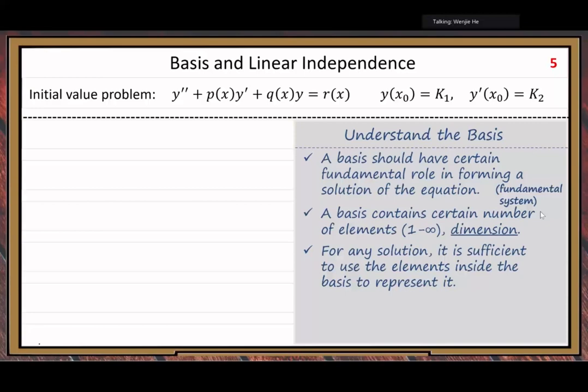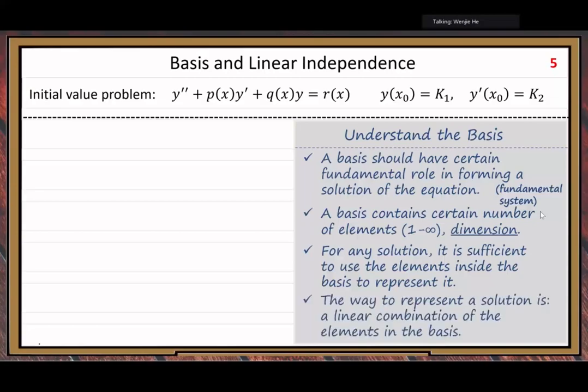That's why finding the basis functions is important when solving this kind of ODE. The way to represent a solution is a linear combination of the elements in the basis.